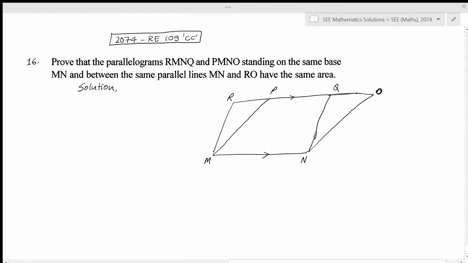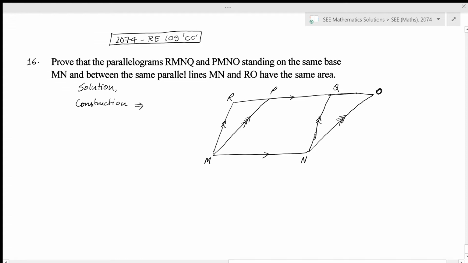So there are two parallelograms, one of these is this one, the other one is this one, right? So the construction is done. You'll get 1 mark for this construction.